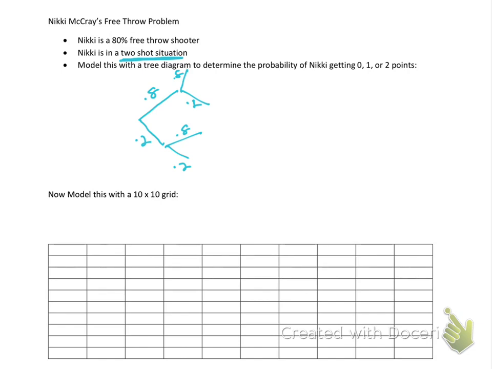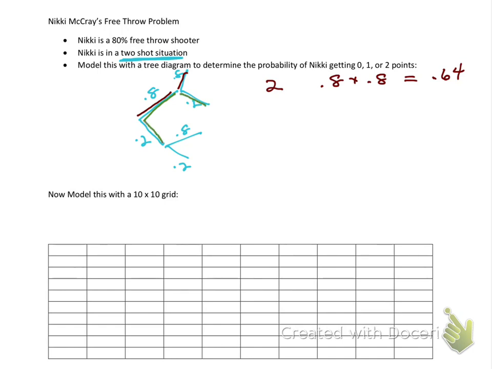So she can get 2 points if she makes both shots, right? So I'll do it the same way I was doing the other. So if she makes both shots, that means you're going down these branches. So to get 2 points, it's going to be 0.8 times 0.8, which is 0.64, or 64% of the time. Okay, so then her next option is she can make 1 point. So she makes the first one, misses the second one.